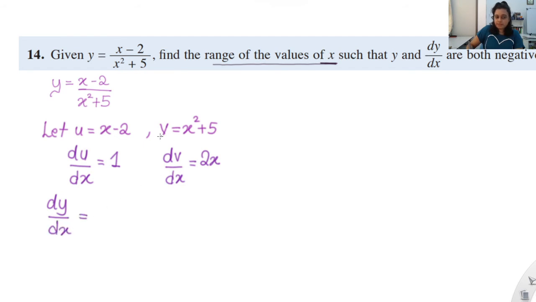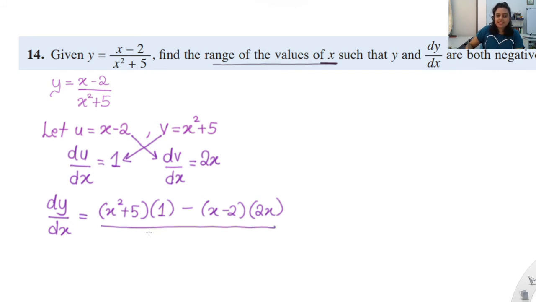Quotient rule starts with v first. So v will be x squared plus 5 multiply with the 1 minus, write your u and multiply this way. So x minus 2 multiply with dv dx. Then don't forget one of the most important things, square the v. So x squared plus 5 and make sure you square it.